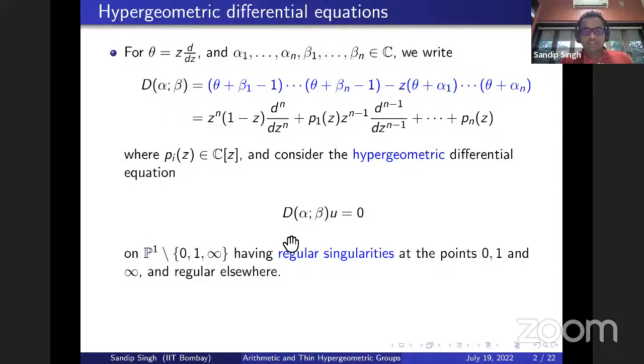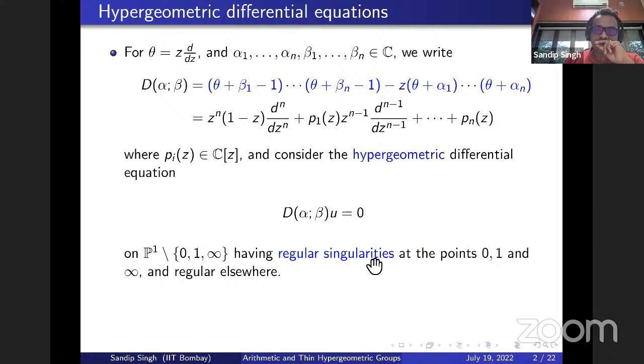This differential equation has regular singularities at the points 0, 1, and infinity, and it is regular elsewhere.